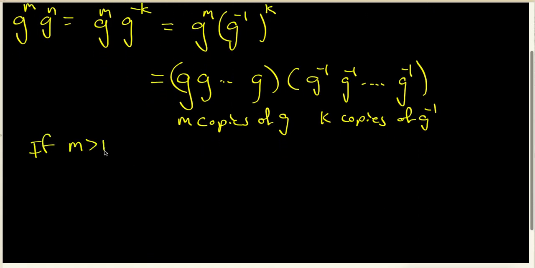If m is bigger than k, then when we start looking at this, we can cancel each one of these g inverses with a g, and we finally get down to the last one, and we have leftover g's.